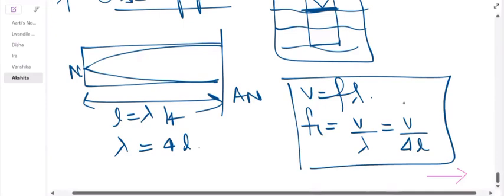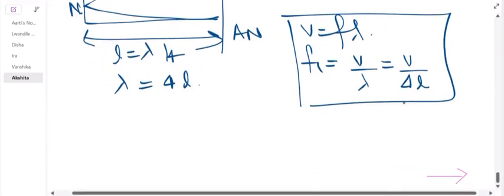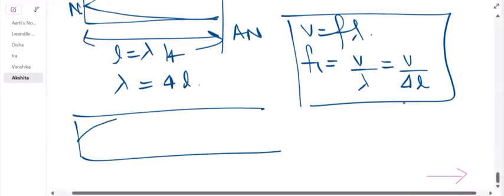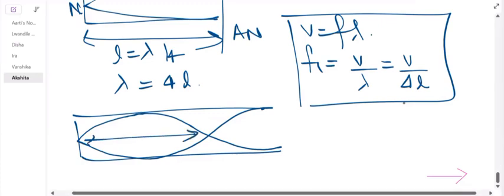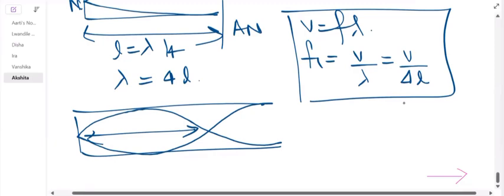Isn't it? Okay, let's go for the second harmonic. This is my pipe now. So this is created like this. This is created like this. Okay. So that means this will be lambda by 2. This is lambda by 4.